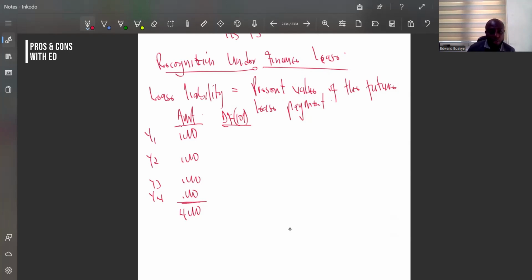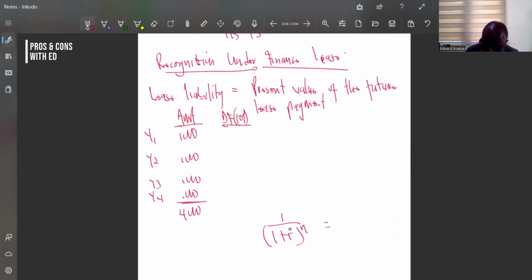The discounting factor is going to be 1 over 1 plus r raised to the power of N, where N is the period and r is the rate, which is 10%.